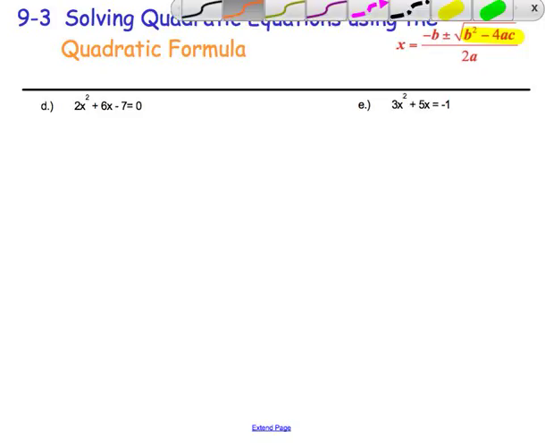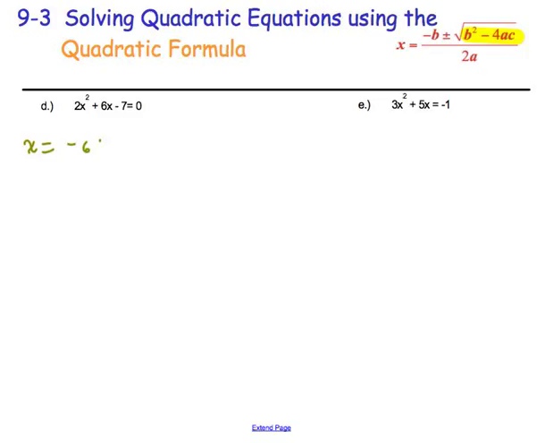So x is equal to, this one's already set equal to 0, so opposite of b would be negative 6 plus or minus the square root of 36 minus 4ac, 4 times 2 times negative 7.